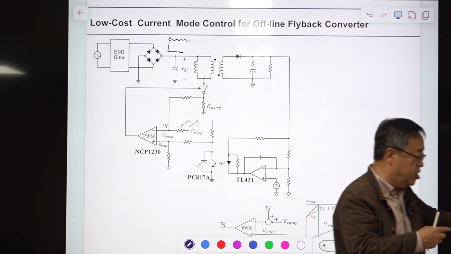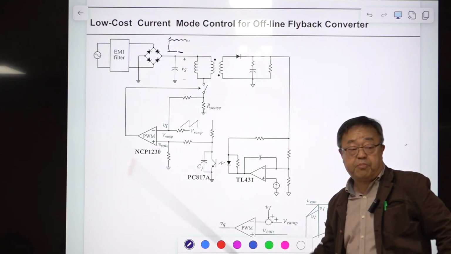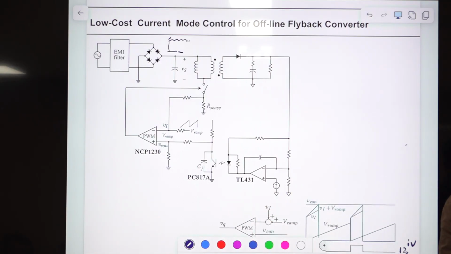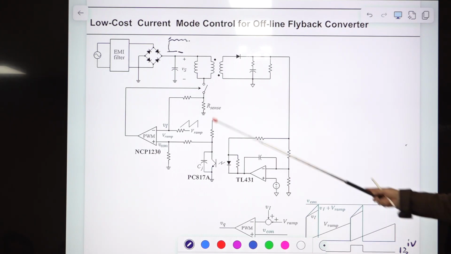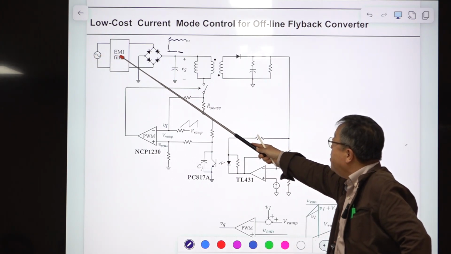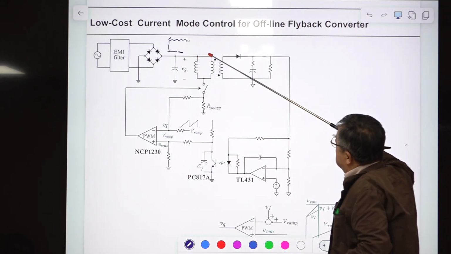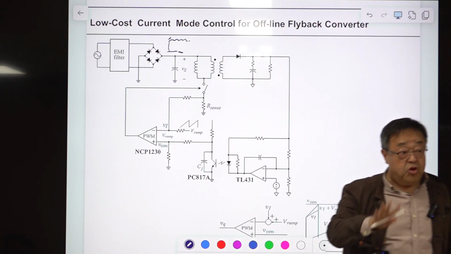The characteristic feature of this is that it has a transformer in between. It provides the isolation here. This is directly connected to the AC line, so infinite energy is coming in. If you touch this and there is no transformer, you will die.